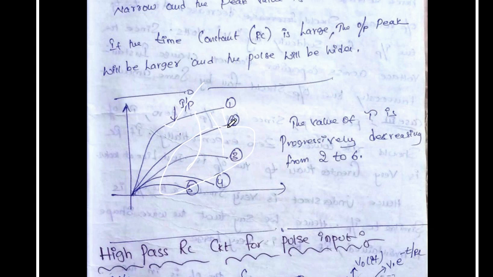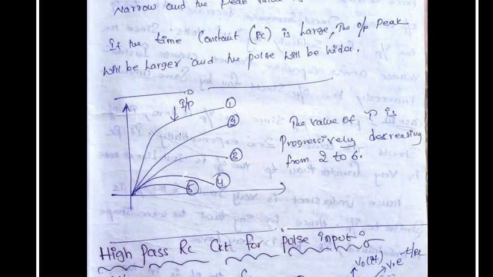The transmission error is inversely proportional to the time constant. If you increase the time constant, the transmission error will decrease. If you decrease the time constant, the transmission error will increase. So that is clearly observed here. That is about the basics of high pass RC circuit for exponential input signal.